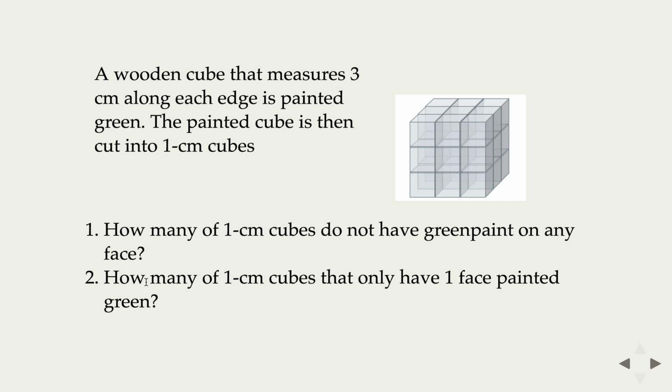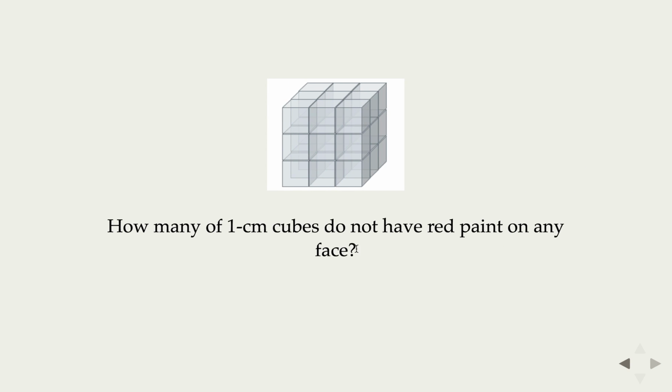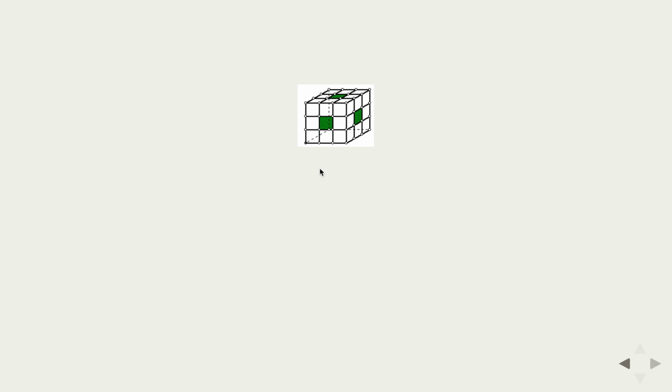Now the next question is how many cubes have only one face painted? All right. So this diagram illustrates this idea. When I look at any surface, the one on the top would have three faces painted, similar to this one, and this one. The one here in the middle would have two sides painted, and here would have the bottom and this side.